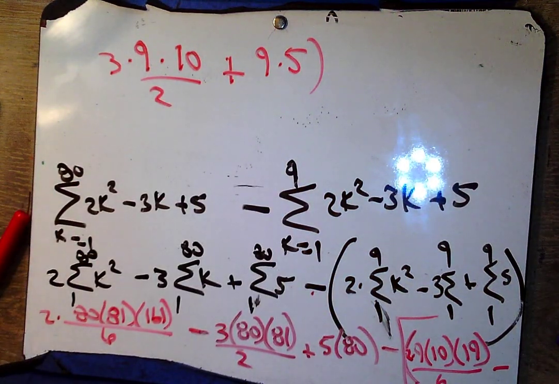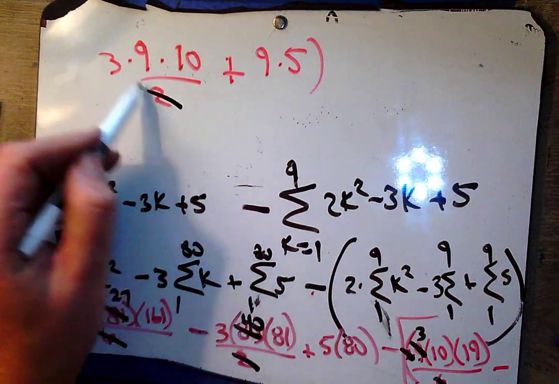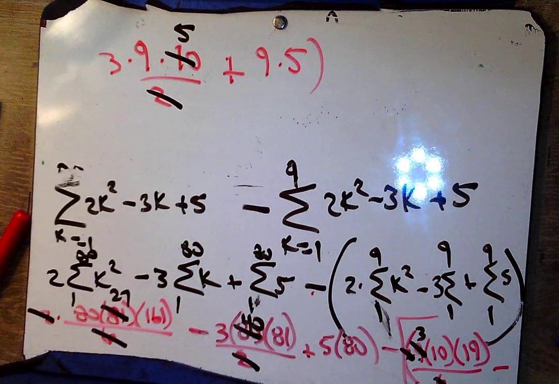That's a little awkward. So I'm going to take a 2 out of there and a 3 out of there. That's going to be 40. That's 2 and 9 and 10 and 19. So I take that 2, I take a 3, and over here I can do a 5.